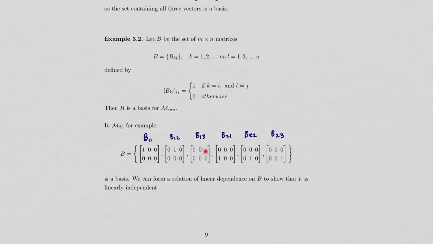So I'm just moving across each position in each matrix and putting a 1 in each corresponding place, so that every matrix has a 1 in one position and a 0 everywhere else, and they all have a 1 in a different position. And that's the key to how this works, as we'll see.